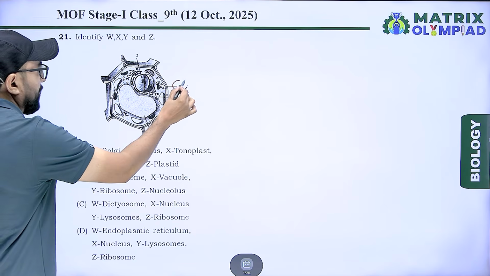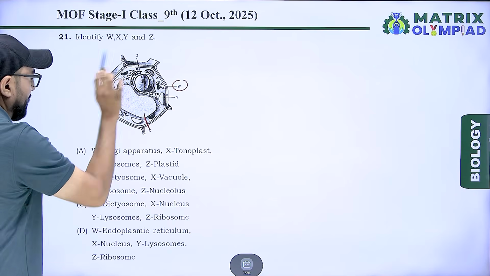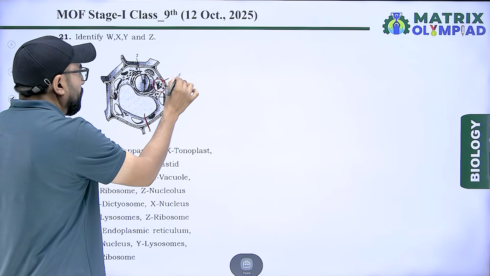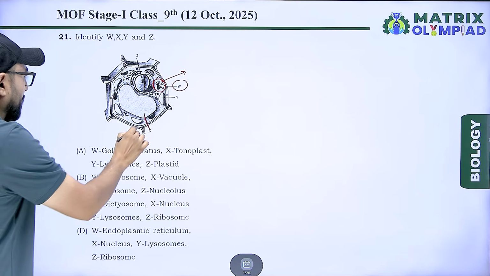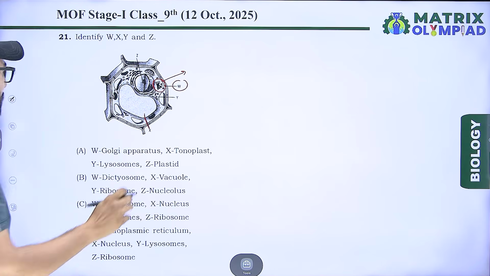W is similar to Golgi apparatus. This is vacuole and this is nucleus.